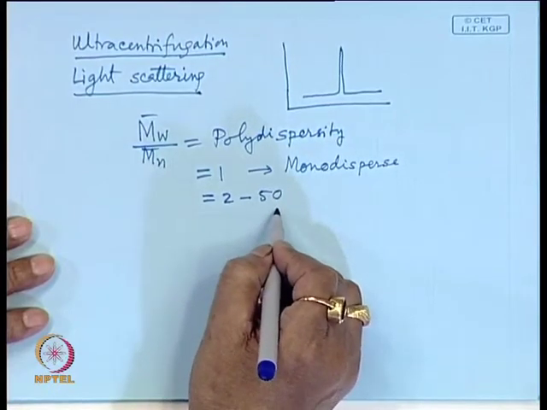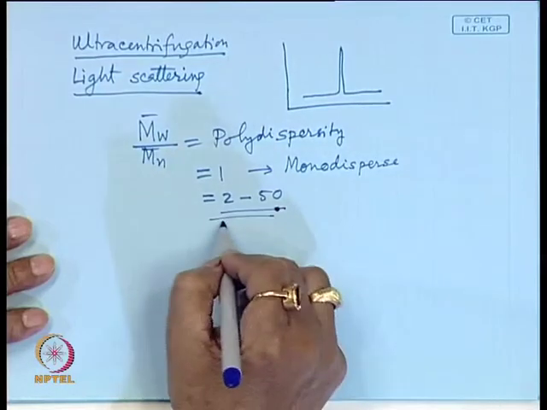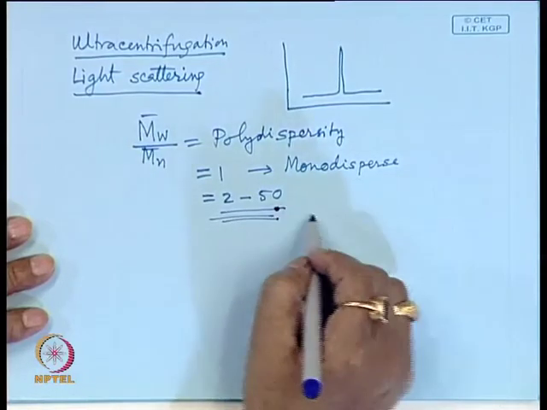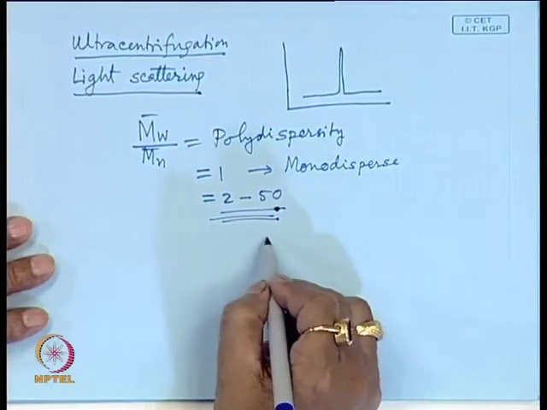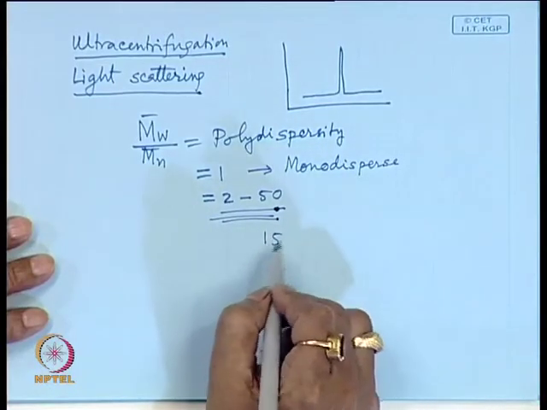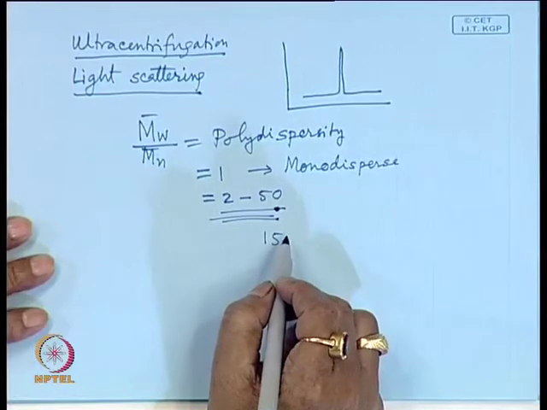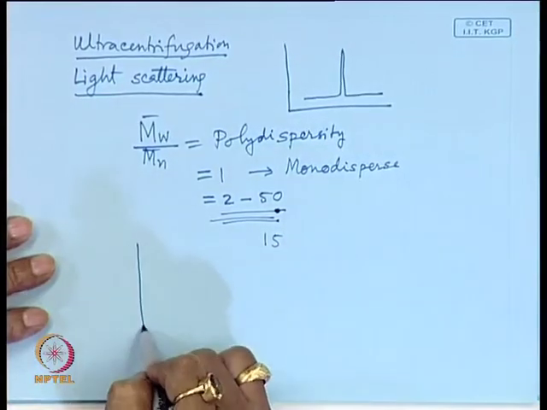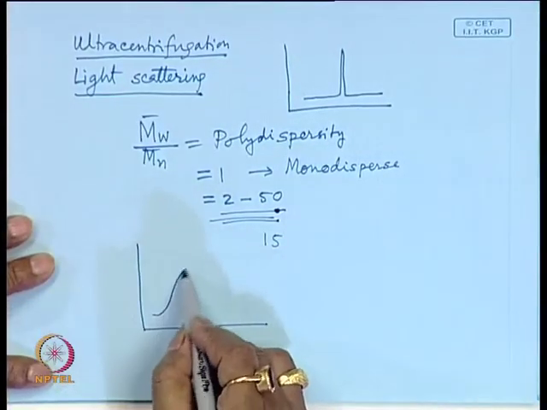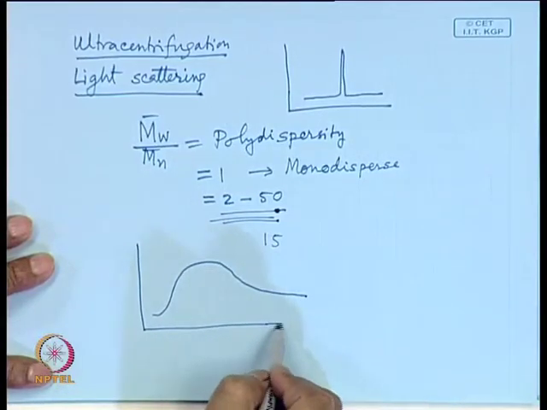Higher the polydispersity, the more inferior properties of the polymer you can have. Higher polydispersity means, suppose you have a polymer sample of polydispersity 15, it indicates the broadness of the distribution like this.